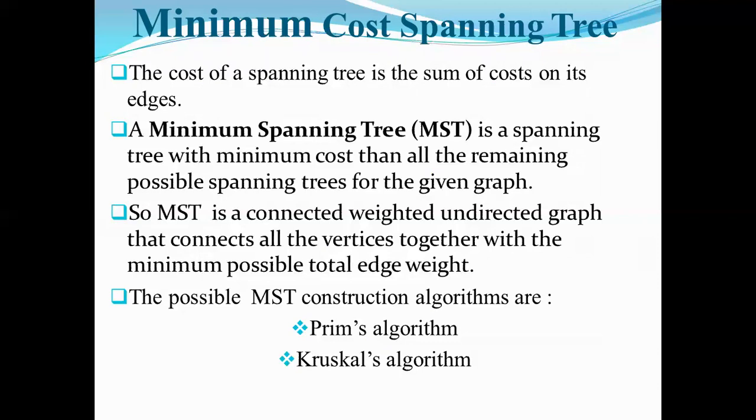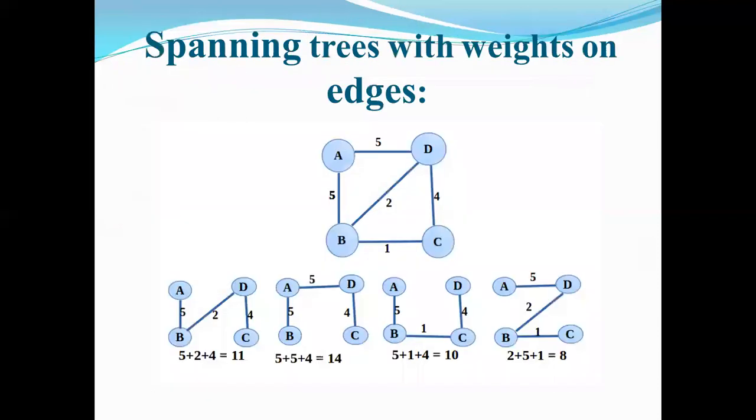And I have mentioned the algorithms which are required to construct the minimum cost spanning tree. I took one example with four nodes, and I constructed four example spanning trees. Out of these four, I have shown which is minimum. So this is the introduction to minimum spanning tree or minimum cost spanning tree.